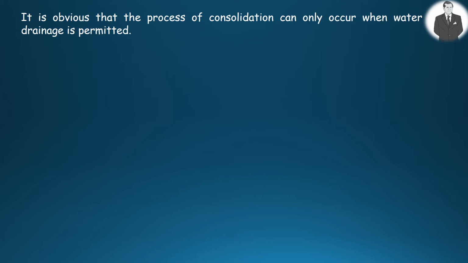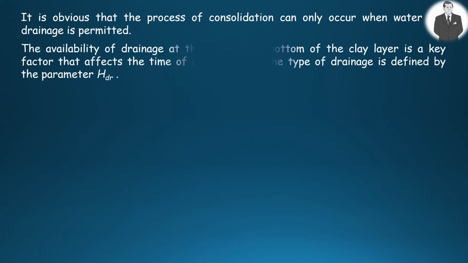It is clear that the consolidation process can only take place when water drainage is allowed. The existence of drainage at the top and or bottom of the clay layer is a key factor that influences the time of consolidation.